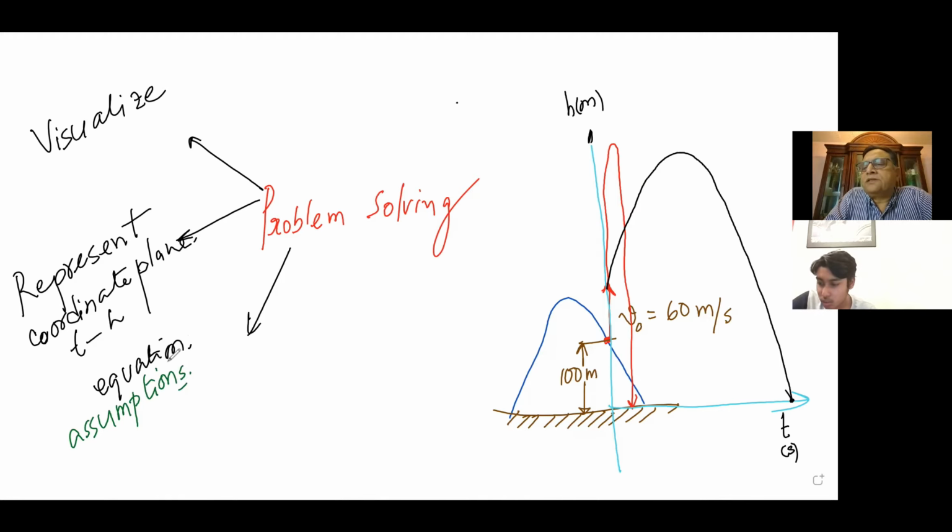So we have assumed that there is, for example, no air velocity, so it is not drifting because of the air. You get the idea. Yes, sir. So we are saying there is no effect because of the air. Air resistance is negligible. Is it okay? Okay, sir. So we assume ideal conditions.